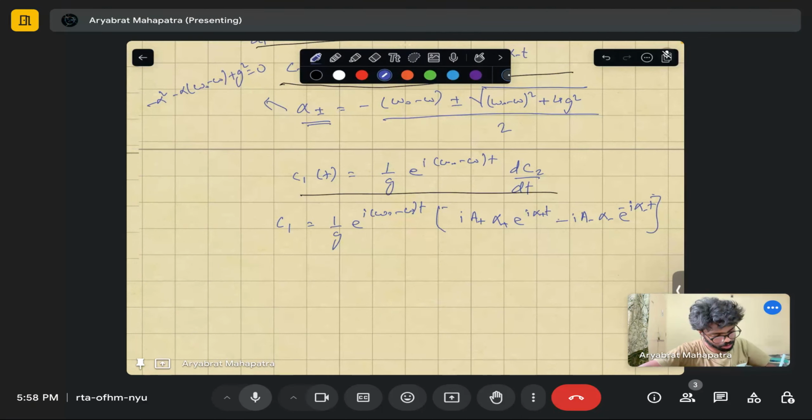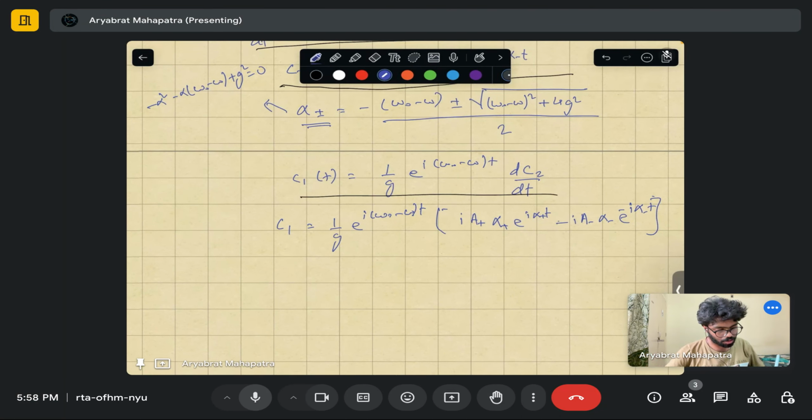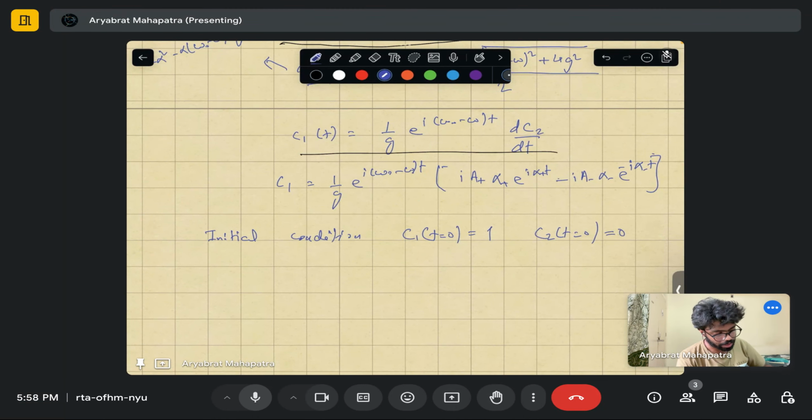So this is C1 and we also have C2. The initial condition is C1 at t equal to 0 is 1 and C2 at t equal to 0 is 0. Why is this so? Because in the question it was given to assume the initial state chi of 0 is this. So for Sz spin, you write this as 1, 0.